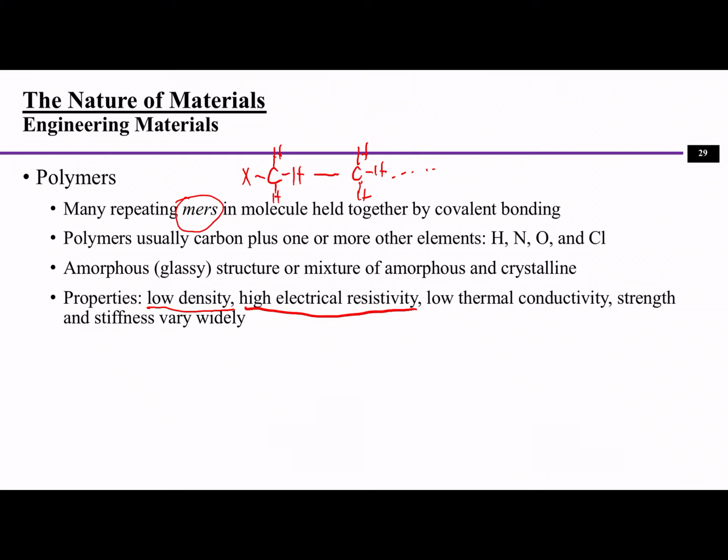Low density because they're amorphous, and high electrical resistivity is because they do not have very active electrons outside the orbits. Because they have mostly covalent bondings, this is why they have low conductivity. And also the strengths and the stiffness vary a lot because it really depends on how the mers formed.